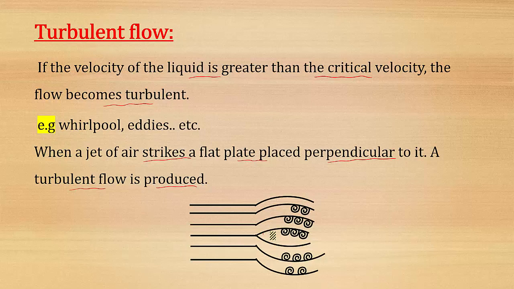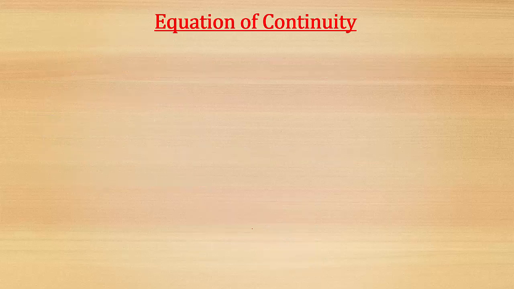You can observe here, it is not in a straight line or a curved path. The velocity is not constant, it is different at different points. So this is called turbulent flow.